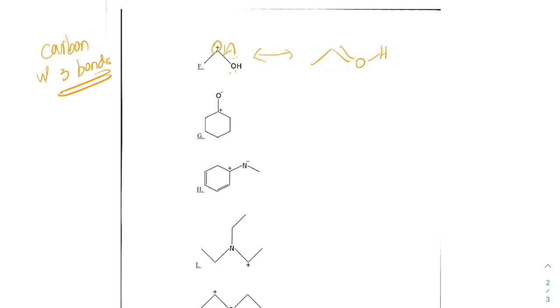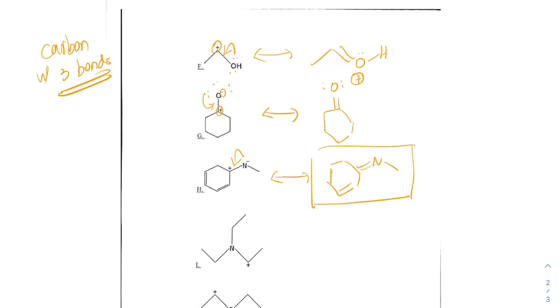I'm not drawing the H's, I'm not even drawing the C. But anyways, we draw that arrow. Here again, same situation. We've got opposites attract, right? So here's a lone pair on oxygen. It comes in and makes a pi bond to this carbon, satisfying the octet. Okay, same thing here. So this definitely would be the major resonance structure.